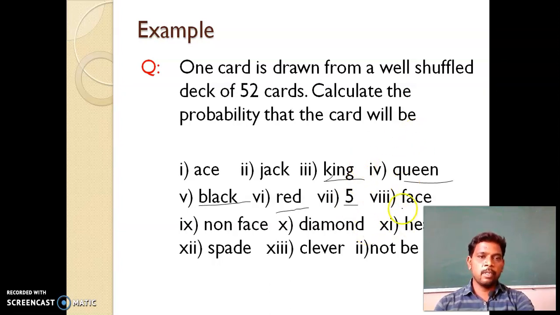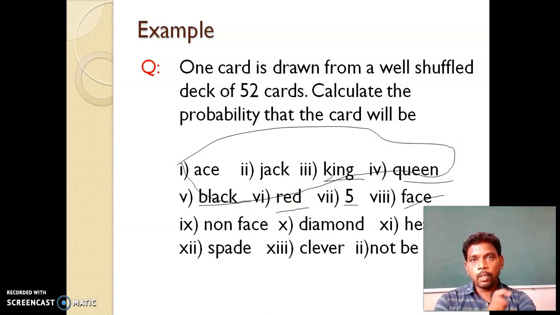Similarly, face cards. Face cards means these 4 cards: ace, king, jack, queen. These 4 cards have a face on the card itself. So what is the probability now?